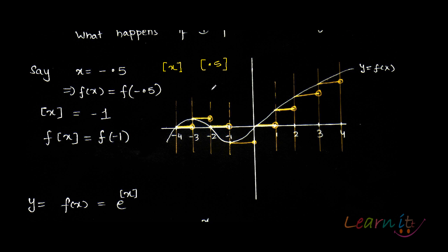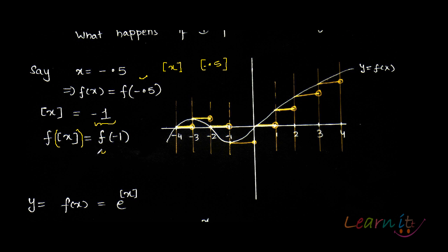So what is less than or equal to minus 0.5? The integer will be minus 1. So f of the greatest integer function of x will not be f of minus half, but it will be f of minus 1. That will be the basic difference between the original f(x) and the new transformed f(x).